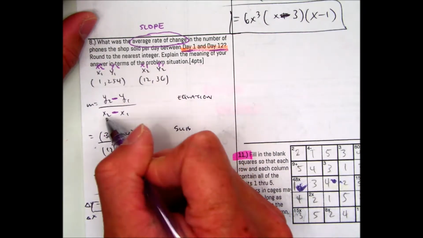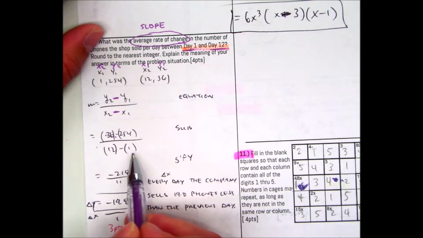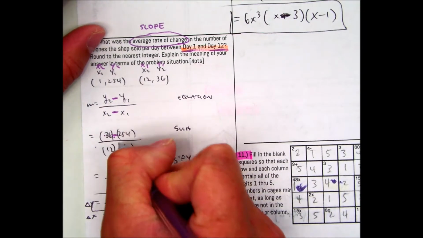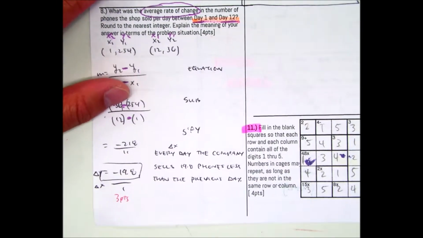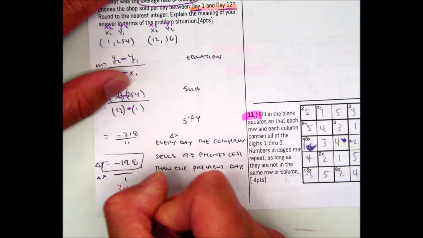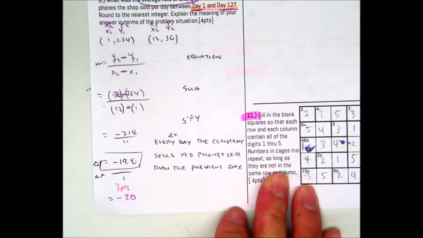Your x2 value is 12, and your x1 value is 1. So you're subtracting these values, and you'll get negative 218 over 11. So that's approximately negative 20. Negative, very important.